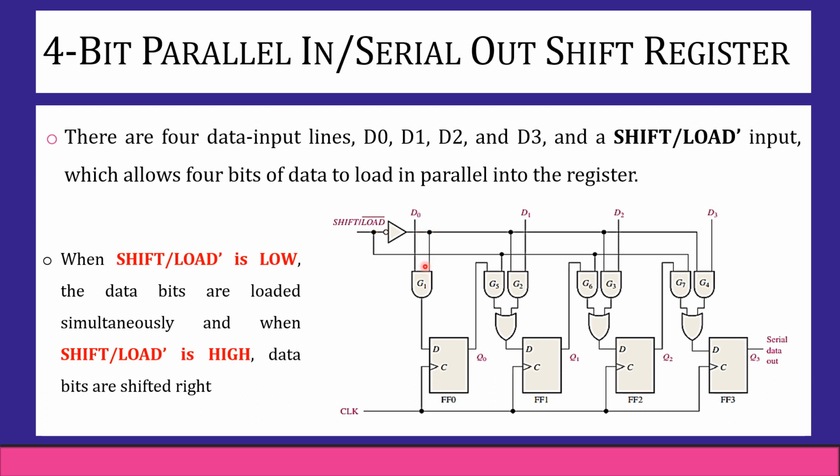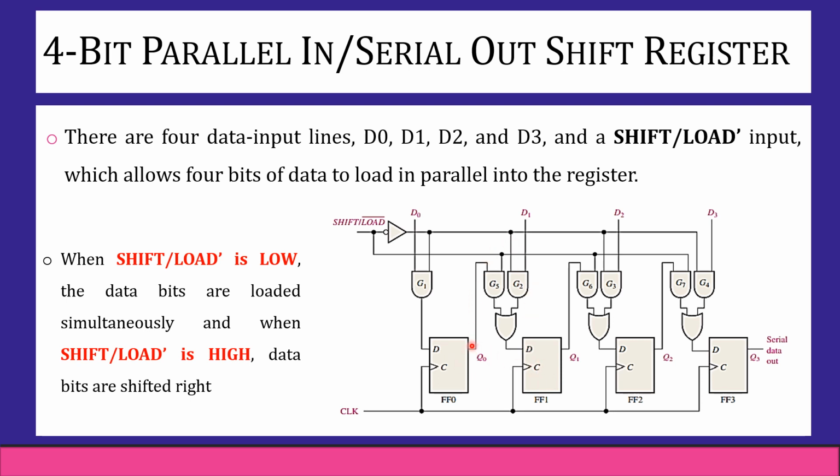Okay, then when this shift or load complement line is high, that means we are going to perform the shifting operation. That means we need to transfer the data from one flip-flop to another. So from the Q0, it should move to the D terminal.